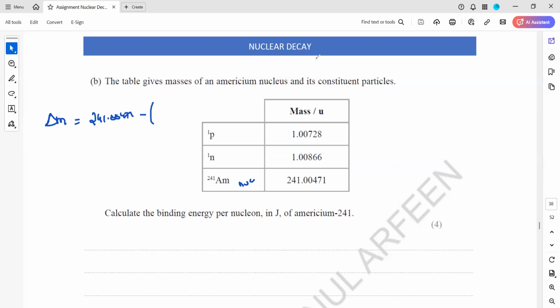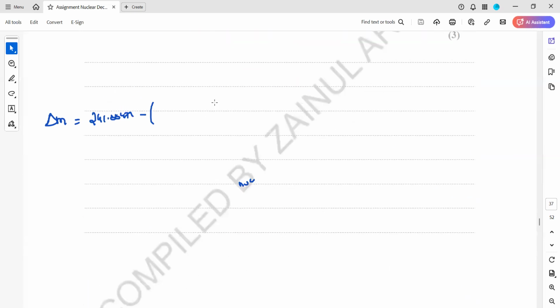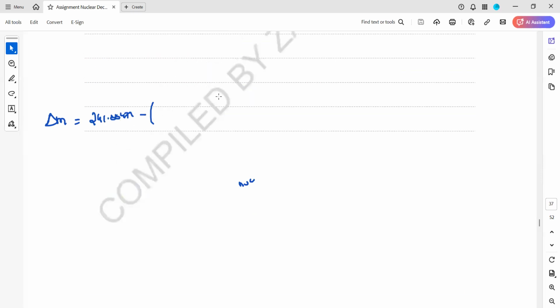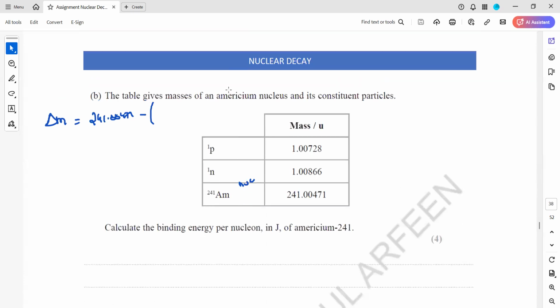For americium, the proton number was 95 and the nucleon number 241. So 241 minus 95 gives 146. So there are 95 protons and 146 neutrons.